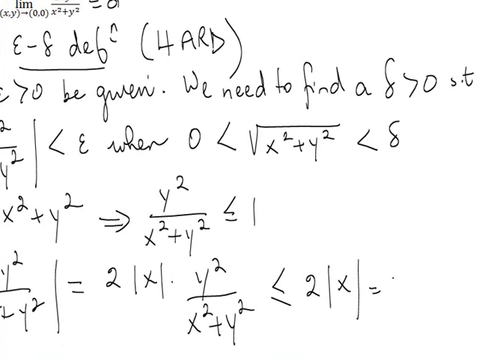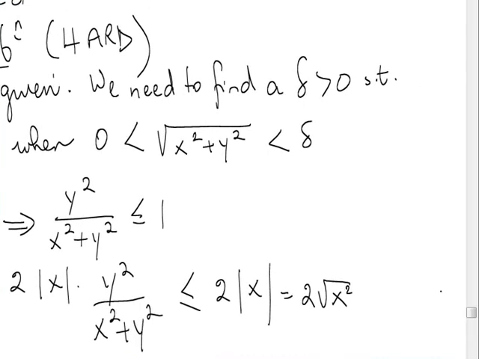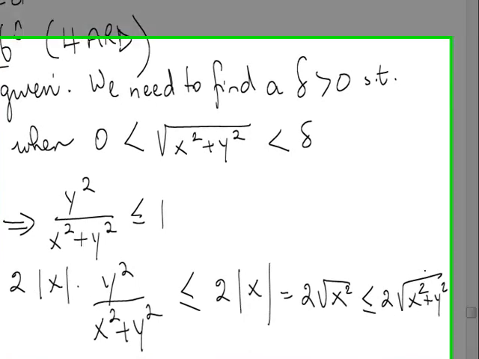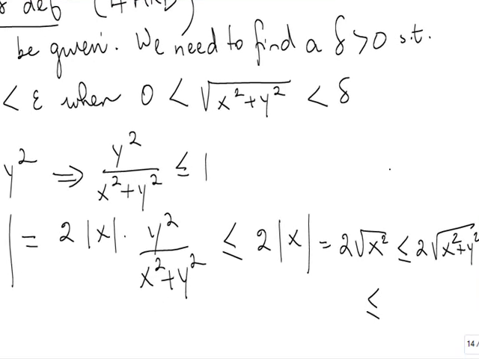But the absolute value of x is the same thing as the square root of x squared. That's the definition of the square root of x squared. Which is less than or equal to 2 times the square root of x squared plus y squared. Which is less than or equal to, from up here, the square root of x squared plus y squared is less than delta, so this is less than or equal to 2 delta.